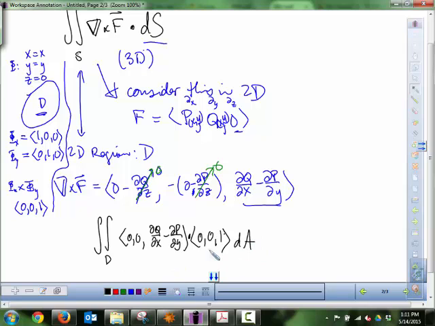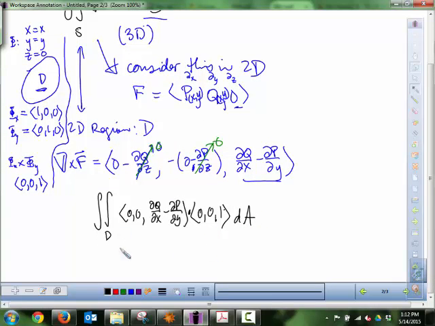And that becomes the partial of Q with respect to x minus the partial of P with respect to y, dA. So that's half of Stokes' theorem now looking like Green's theorem.